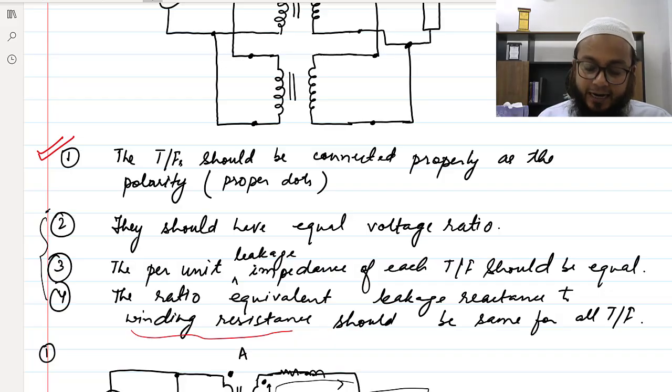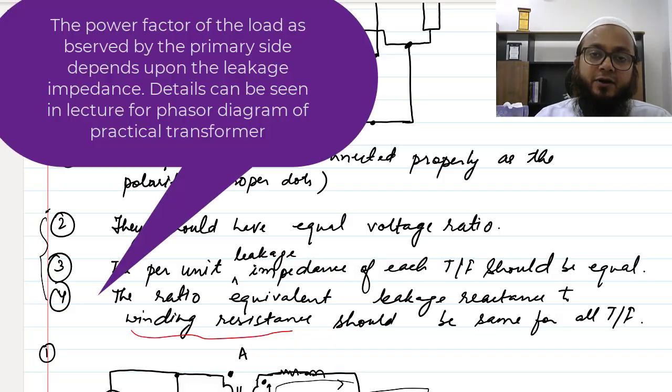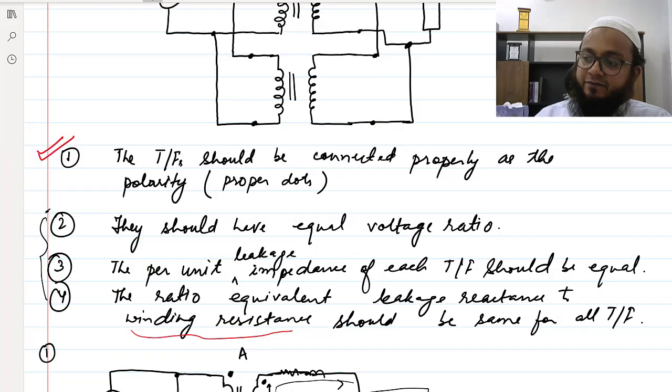Okay, and the fourth condition, I will just discuss briefly about it. See, the leakage reactance and winding resistance actually decide the power factor angle at the primary side, or the overall power factor of the transformer. Okay, for an ideal transformer, whatever is the load power factor, the same will appear at the primary side.